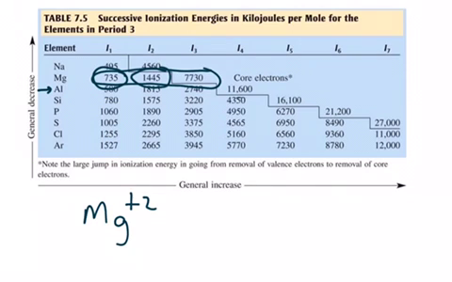But when you take out a third electron, it's now a core electron. Notice the huge jump. You would expect it maybe to be between 3 and 4,000. It jumps significantly higher. So that's another pattern that I want all of you to see, that when you're going from a valence to a core, there's a huge jump in energy.